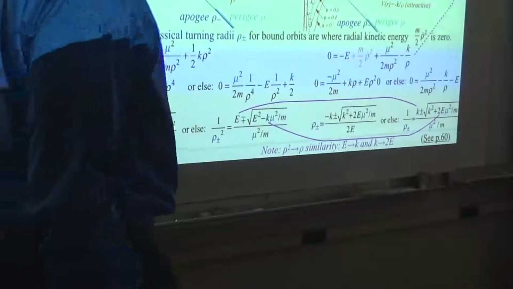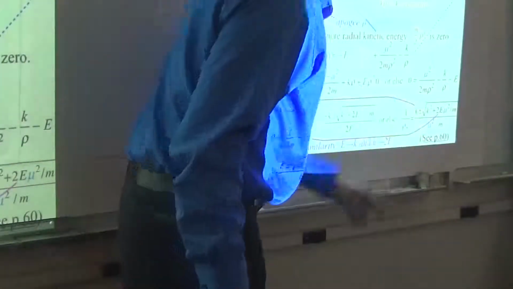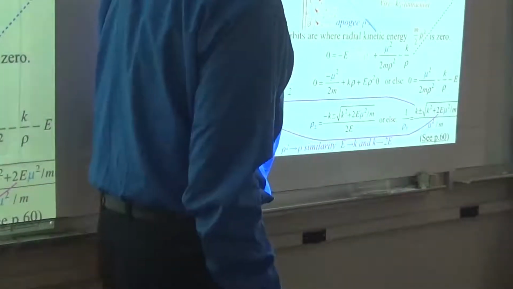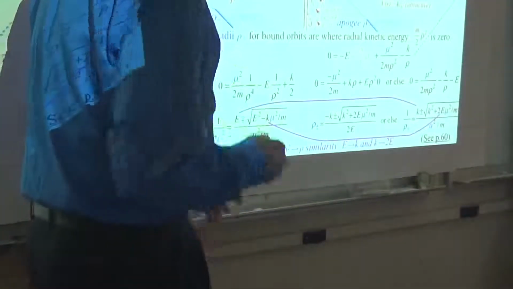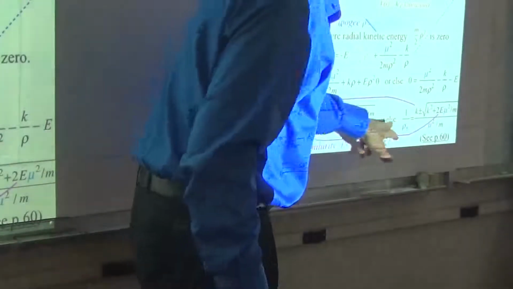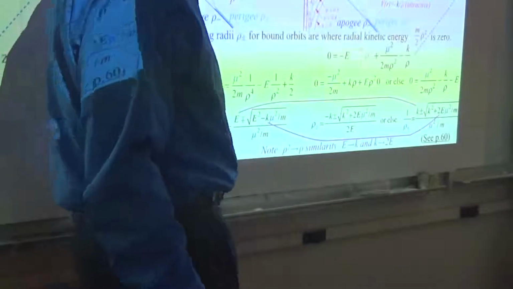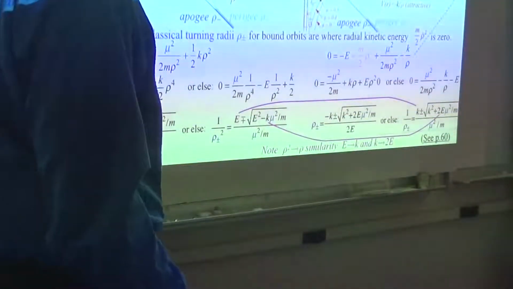What's going on? And so you see E goes to K here, and where we see an E, you will see a K over there. Here's E squared, there's K squared for the Coulomb guy. And if the oscillator has a K anywhere, that's going to be turned into a minus 2E. So minus K turns into 2E. That's kind of weird, but okay.